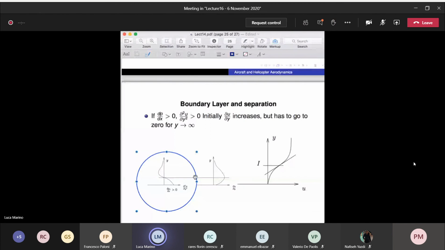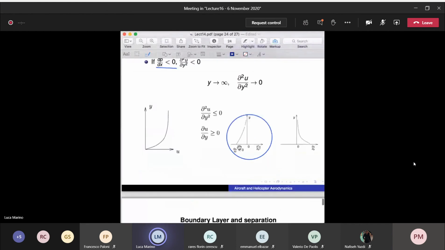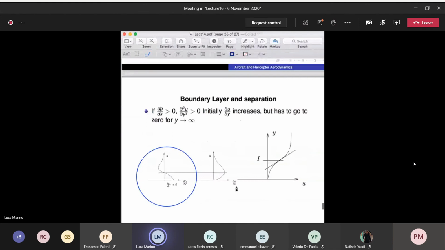This is necessary because we start from a condition where the derivative of u over y is positive. We just changed, the pressure gradient is positive. So at the beginning, the shear stress has to increase because its derivative is positive.